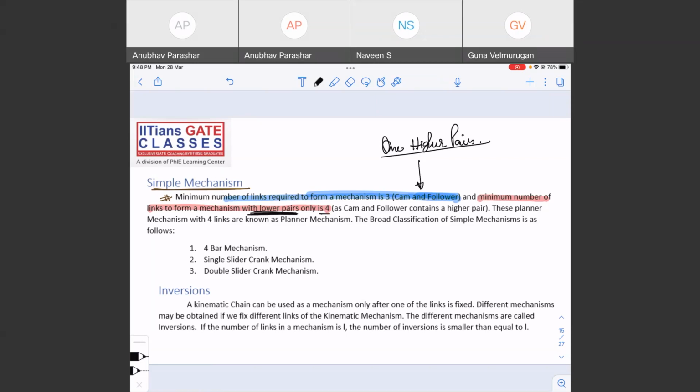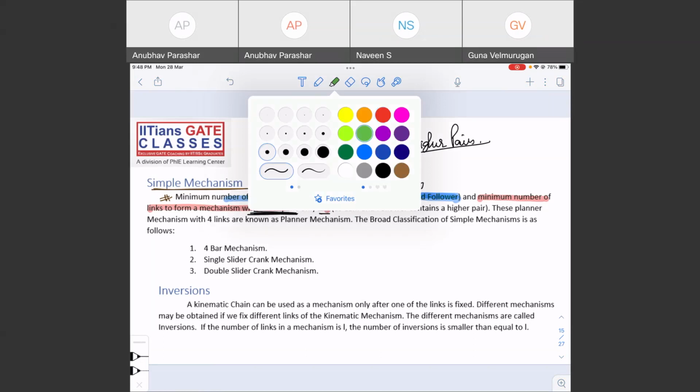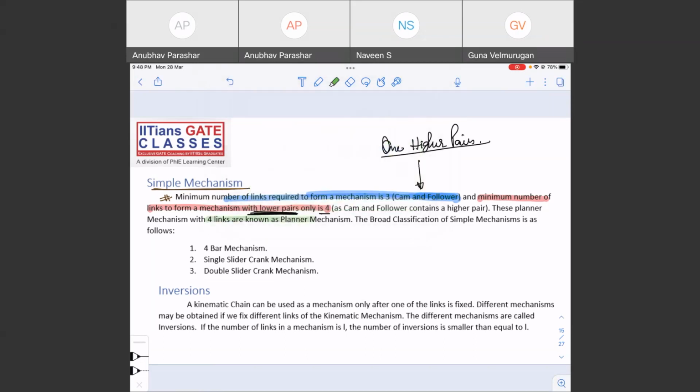Right? So these 4 link mechanisms are known as planar mechanisms. This is what our chapter is all about. 4 link mechanisms are known as planar mechanisms because they are 2 dimensional.